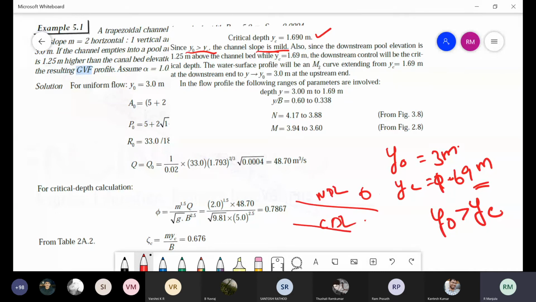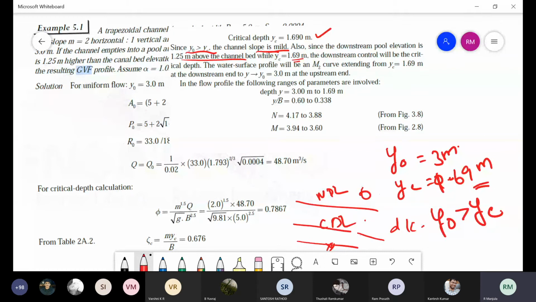Since the downstream pool elevation is 1.25 meter above the channel bed, this is given in the problem. So this is going to be the channel bed, while your yc is equal to 1.69 meter.